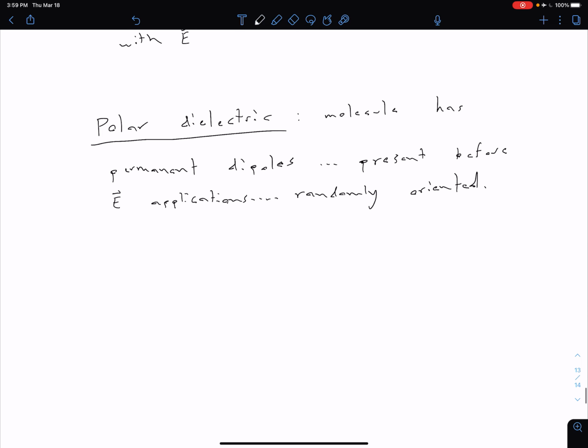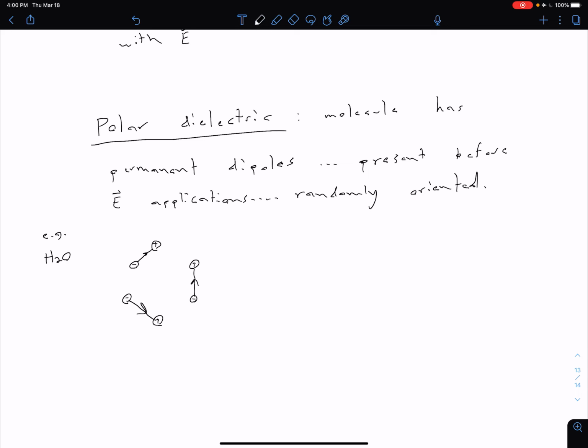So for instance, maybe we have some dipoles like this, just a few as an example. One example of a polar dielectric would be water. H2O molecules have permanent dipoles.